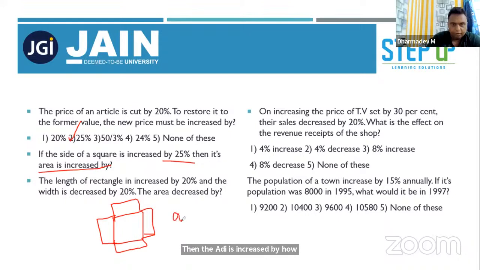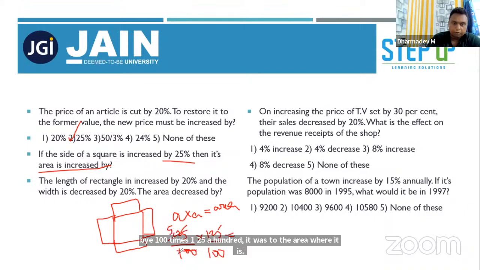You know that A times A or A square will give me the area of a square. So I want to find the area of the square. So 125 by 100 times 125 by 100 equals to the area, where it is 5 by 4.